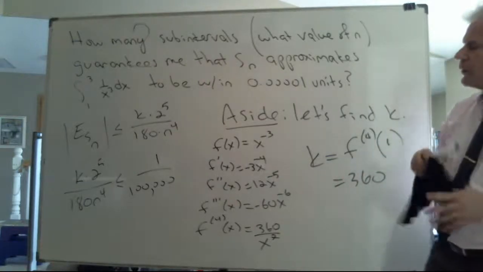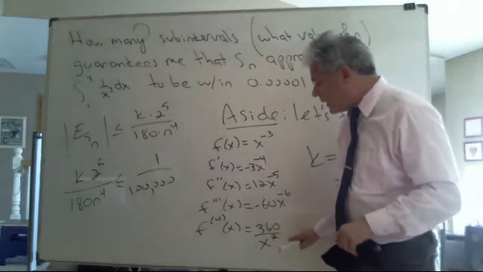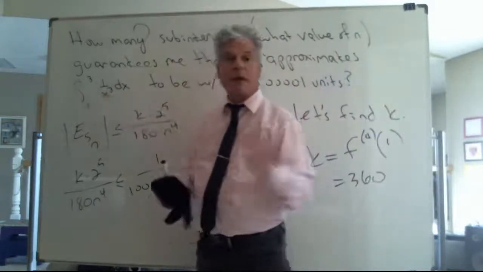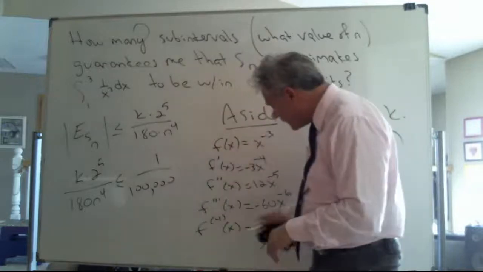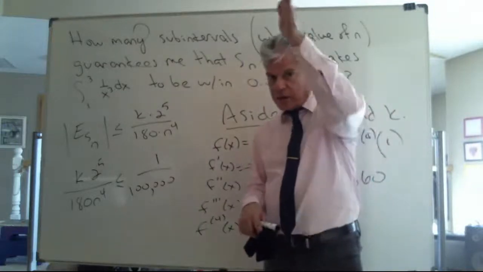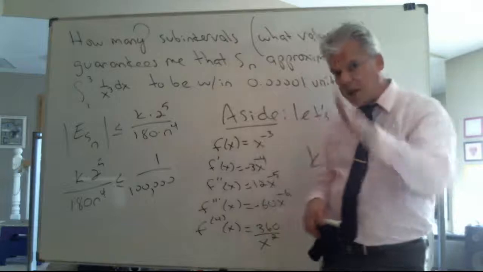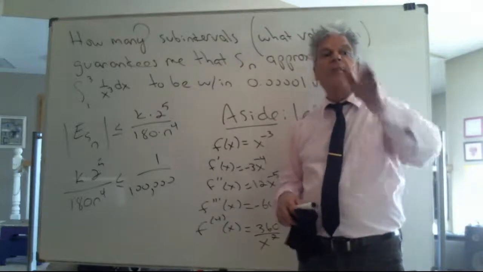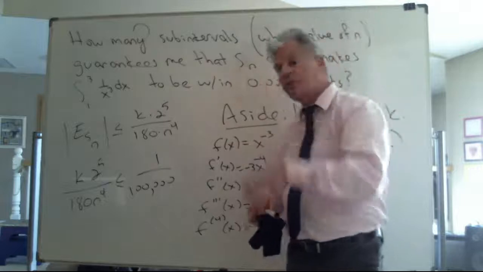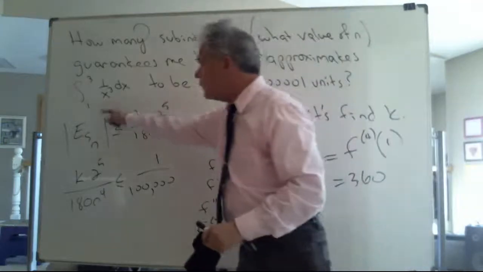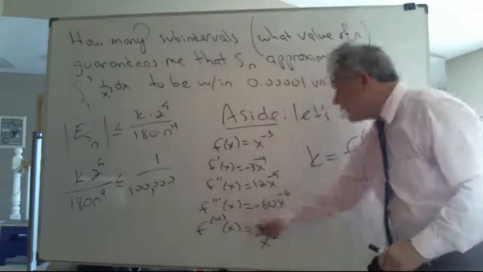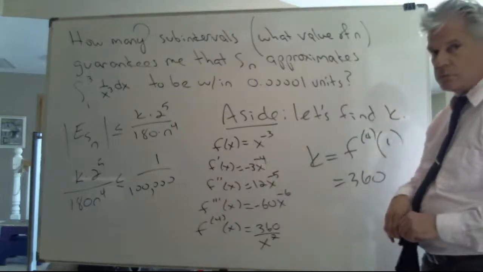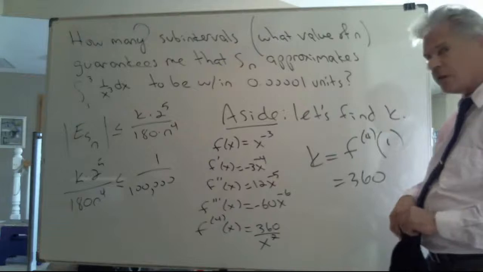So I don't know if I made that very clear. In absolute values, this is what it is. Over there from 1 to 3, I'm in the right-hand plane. Clearly, this behaves much like 1 over x, your hyperbola, just more extreme behavior. And since it's a strictly decreasing function, the maximum value is going to be at the left endpoint, which is positive 1, and the fourth derivative evaluated at 1 is that number there. I've got my K. So K is equal to 360.